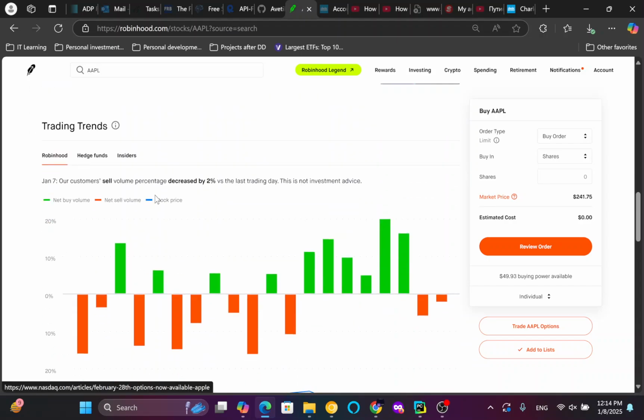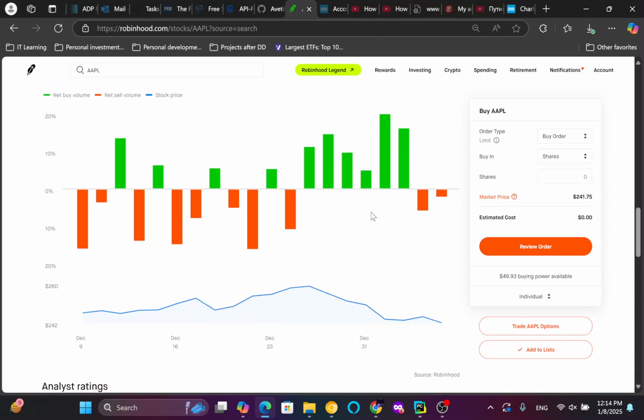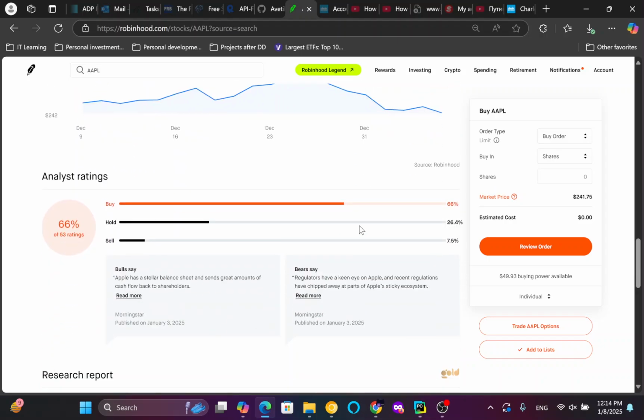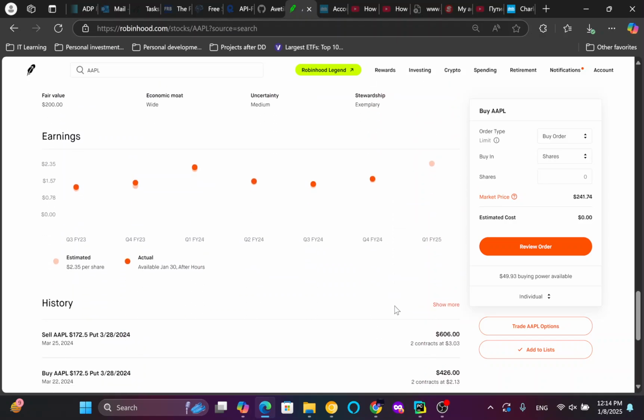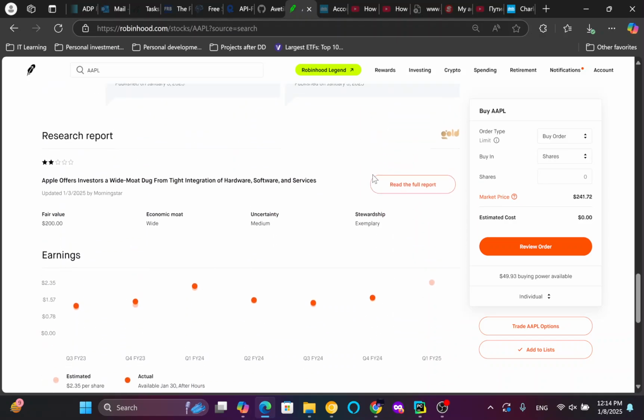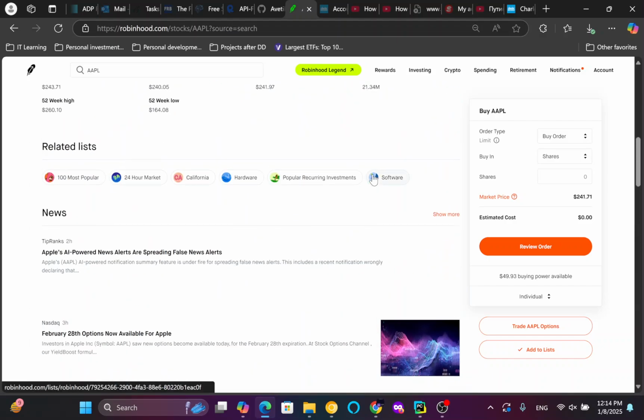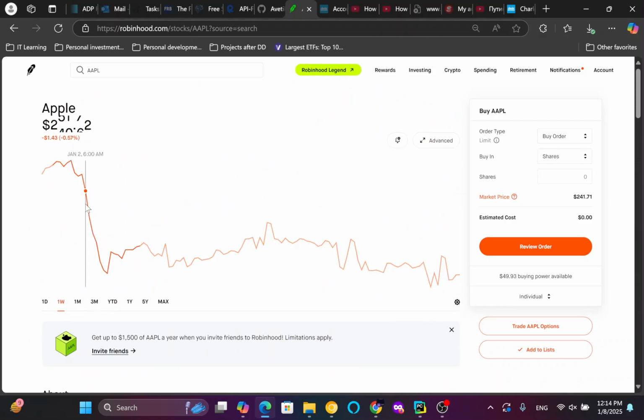Let's check if we have any reports on January the 2nd or earnings. Nope, we can see no earnings here, which means that the January 2nd drop of price came from other reasons.